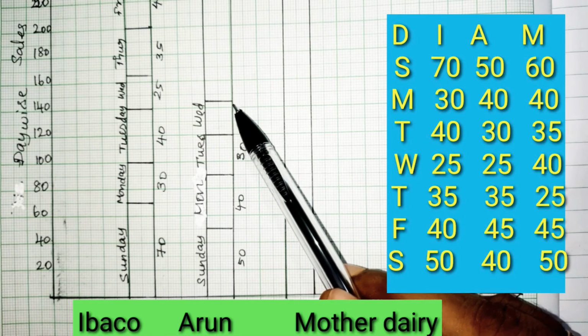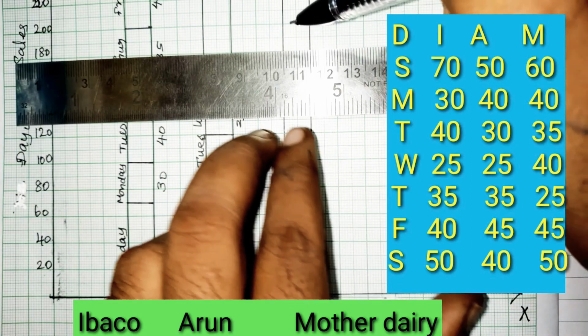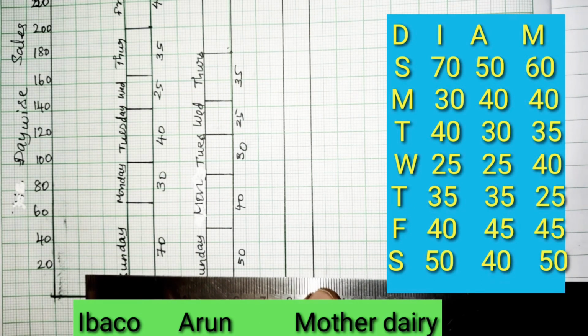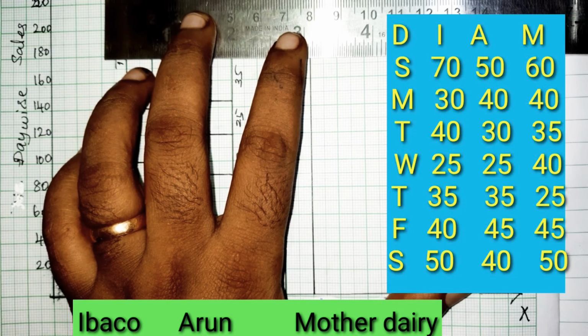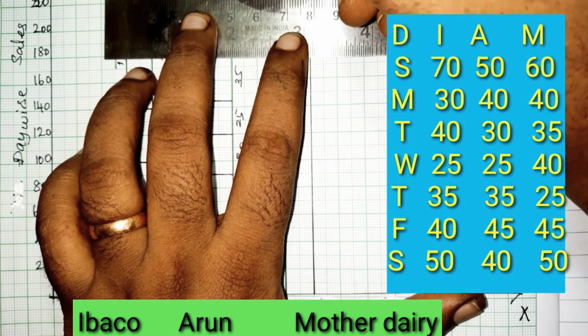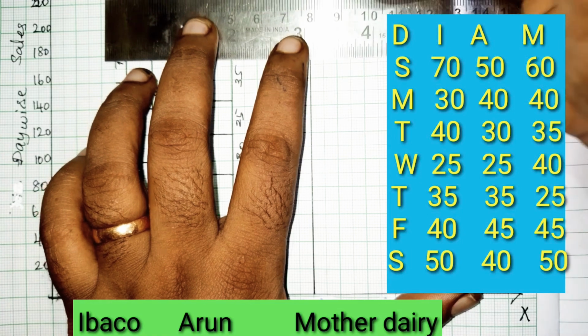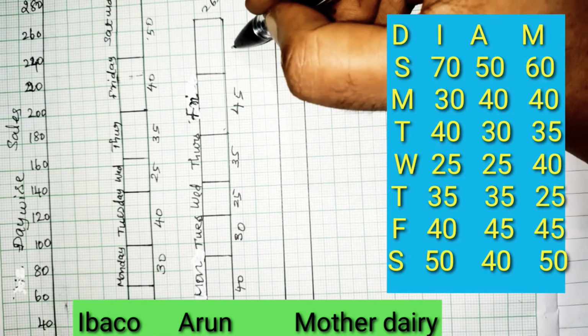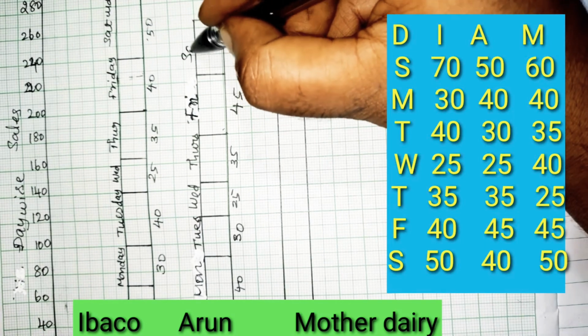That is 180. For Friday the sales is 45, so after 180 you mark 45. That is at 225, in between 224 and 226. 45 is the sales for Friday and the remaining 40 is for Saturday.